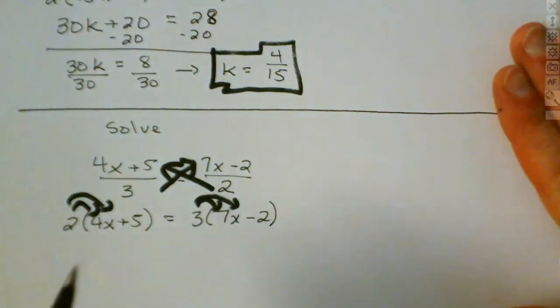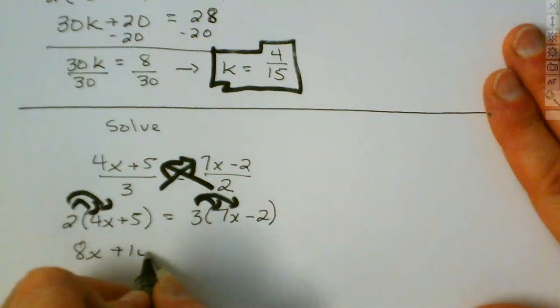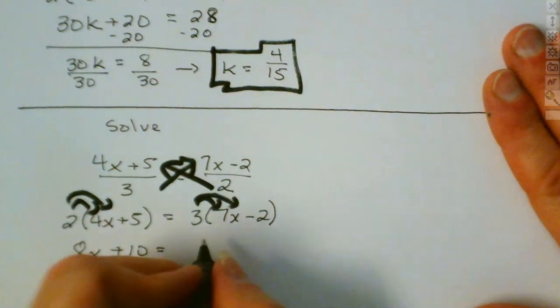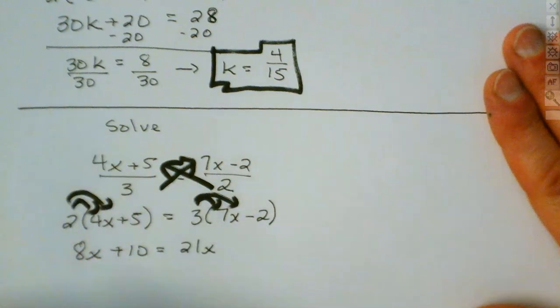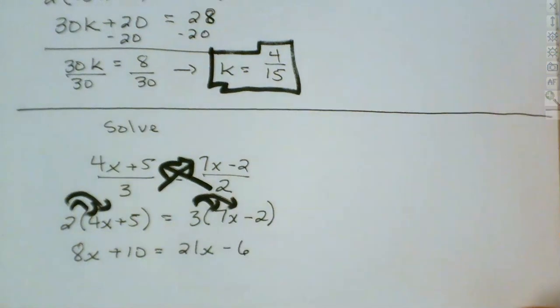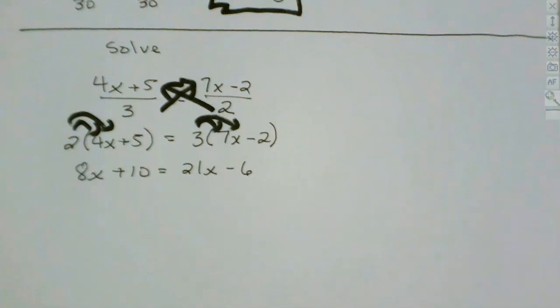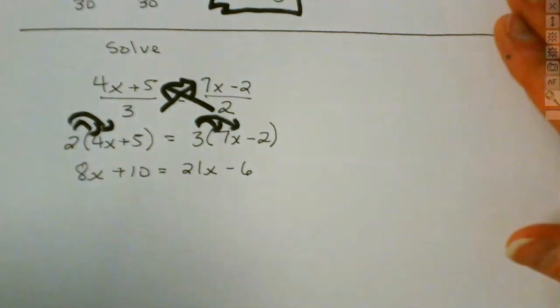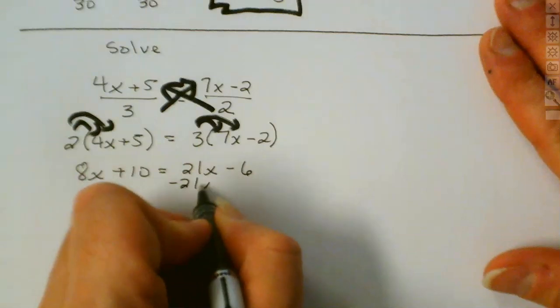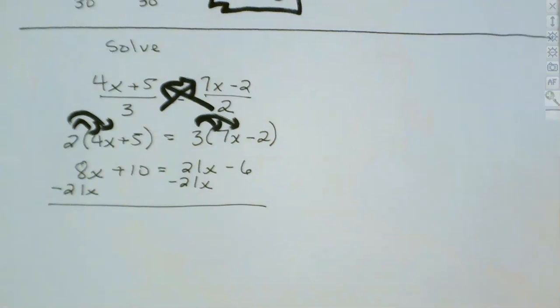So 2 times 4 makes it an 8x. 2 times 5 makes it a 10. 3 times 7 makes it a 21x. And 3 times a negative 2, well, that's a negative 6. Okay, and now we'll just rewrite this and rework it. So move that 21x over with subtraction. And we've got 8 minus that 21. 21 is negative.